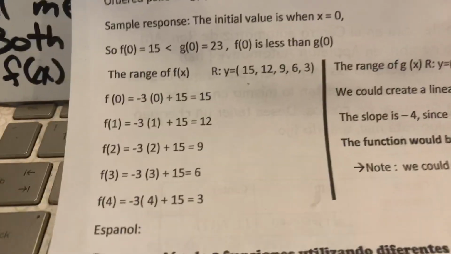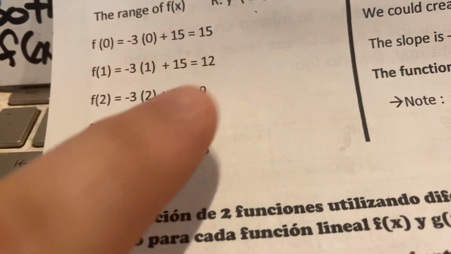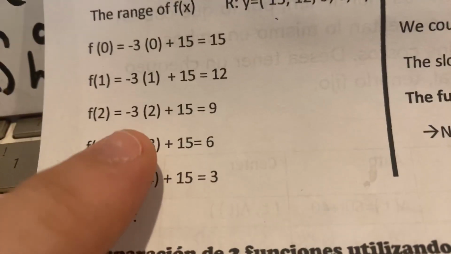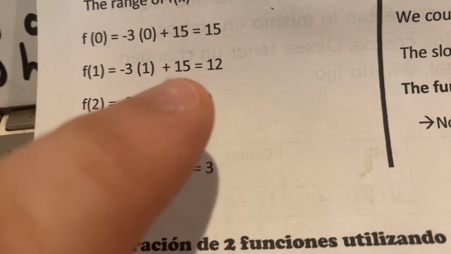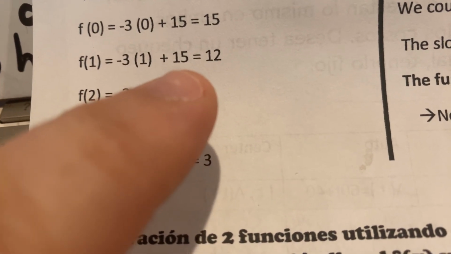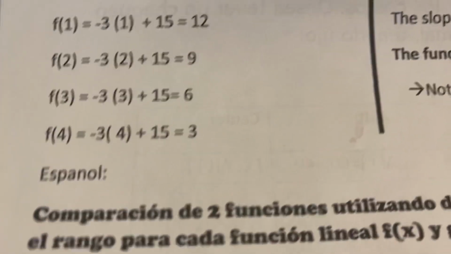And what I've done is I've shown you exactly where that comes from. F of 0 means that you substitute in the 0 wherever you see an x and you solve it. Negative 3 times 0 is 0, plus 15 is 15. F of 1, negative 3 times 1 is negative 3, plus 15 is 12. What is f of 2?